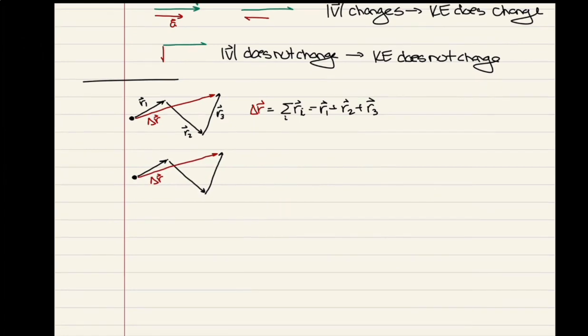Suppose I have a velocity vector, and in each of these three increments, I cover each of those increments in the same amount of time, delta t. I have some velocity vector times delta t here, some velocity vector times delta t here, and some velocity vector times delta t here. Again, my total displacement is the sum of my individual velocities times delta t. I add up each part of my path to get to my final location.